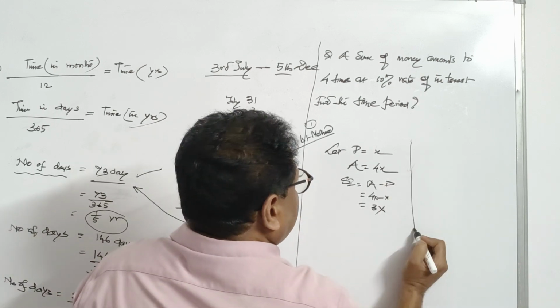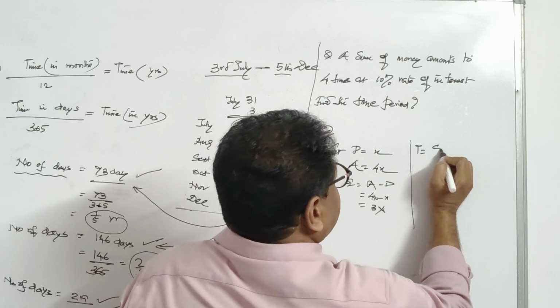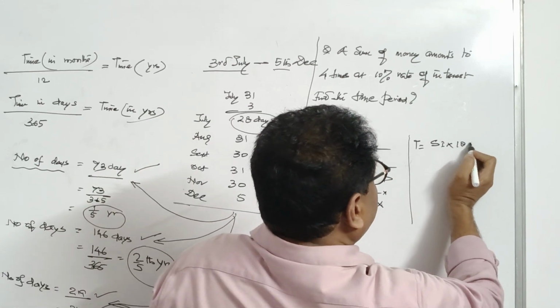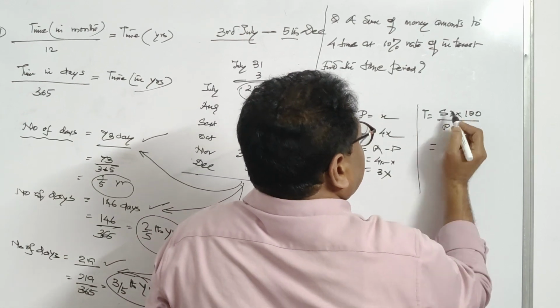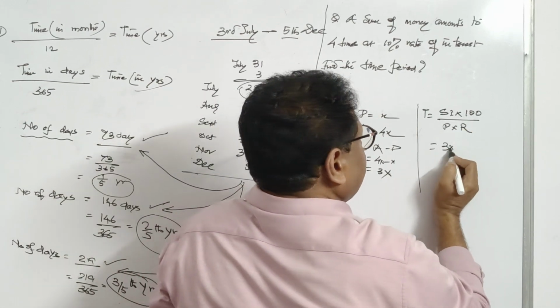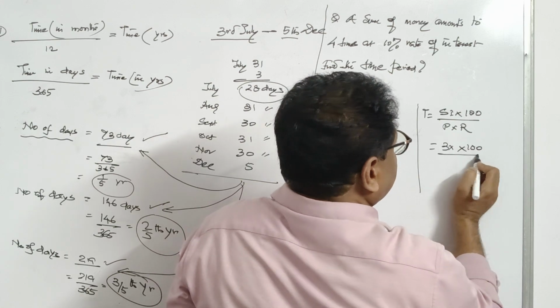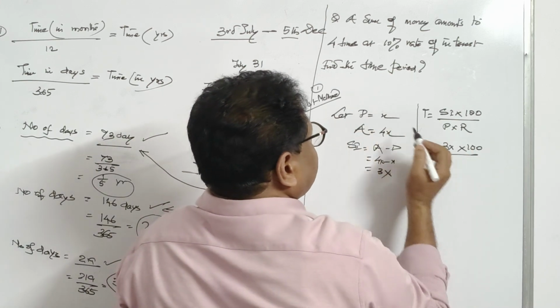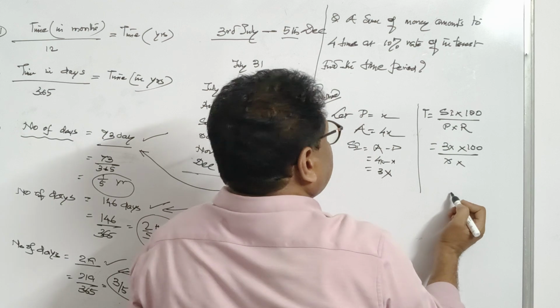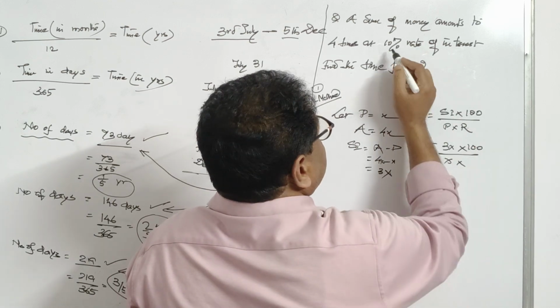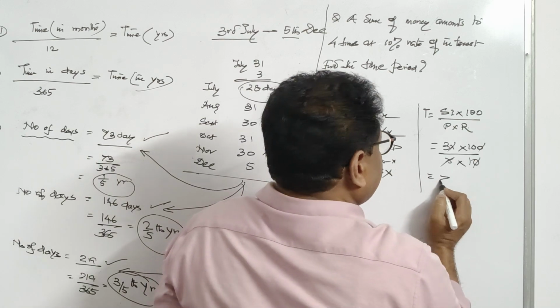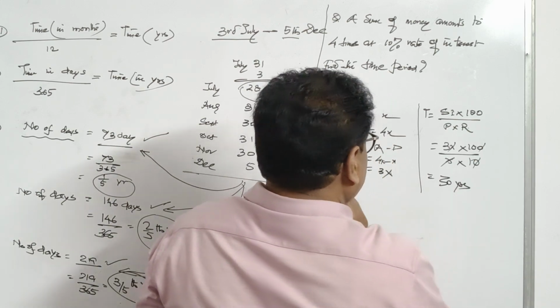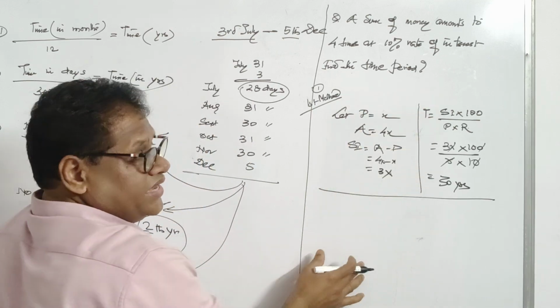Now apply the formula for time, that is SI into 100 by P into R. The SI you got is 3x, put it over here. Principal is x, which we have assumed, multiplied by rate, that is 10. X cancels, 10 cancels, so it is 30 years. This is by taking x.